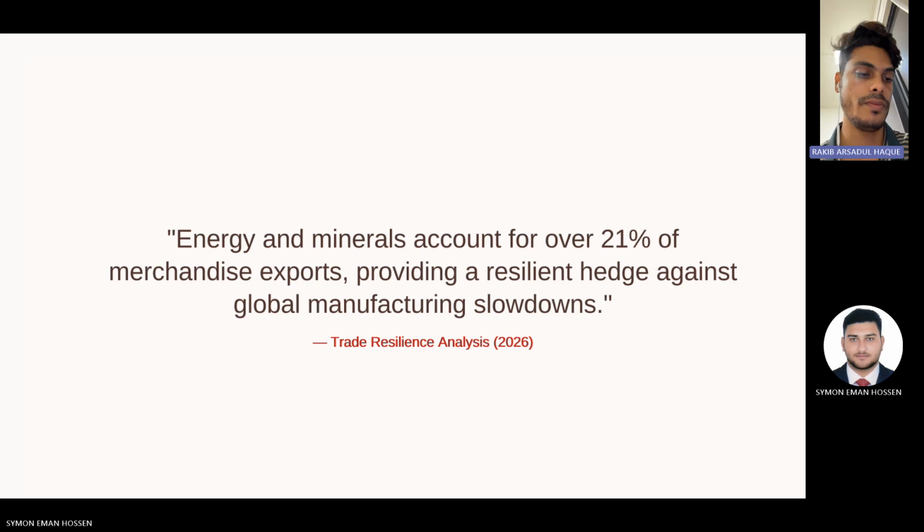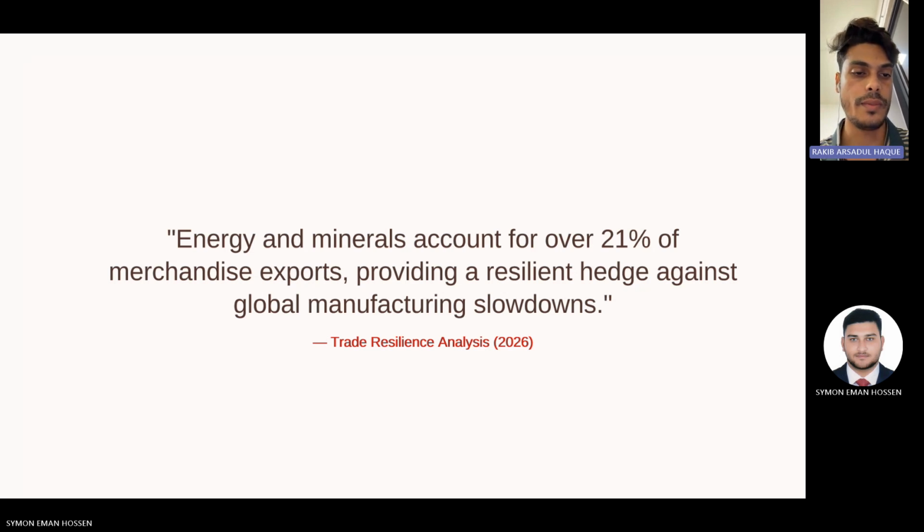Slide 6. Impact of trade politics. The result of this politics shows a double-edged sword in our trade profile. Our integration with the United States has reached a historic peak, with 75% of all Canadian exports destined for American markets.